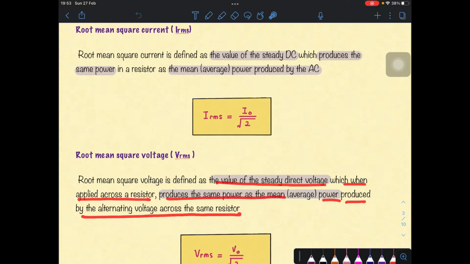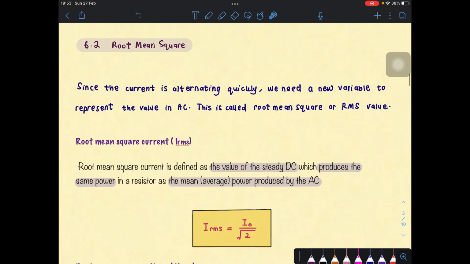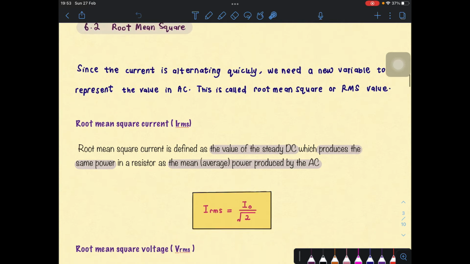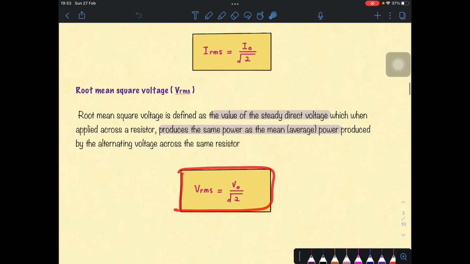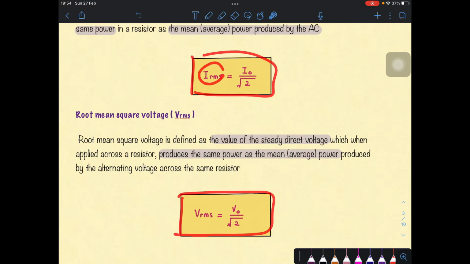I know the definition is quite hard to understand, but like I explained briefly just now, root mean square is just the value that we need as an effective value in AC. Dia adalah effective value dalam AC. So this will be the formula for the VRMS. Sama jugalah macam IRMS, you just need to change that to voltage.